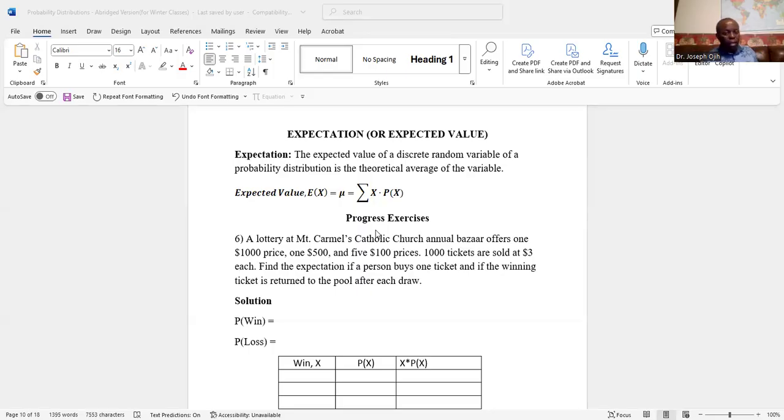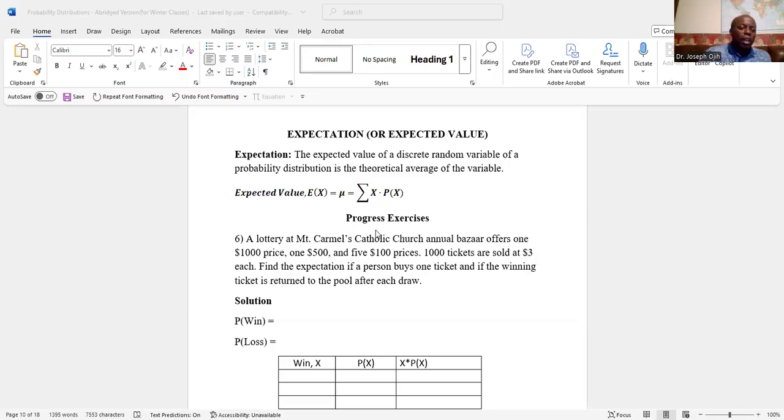Okay. Now let us apply it. You can apply it in so many things: in lottery, in business, a lot of things as a matter of fact. So let's do it.